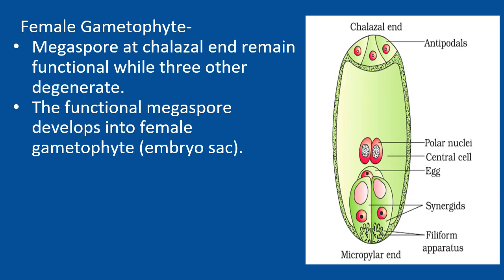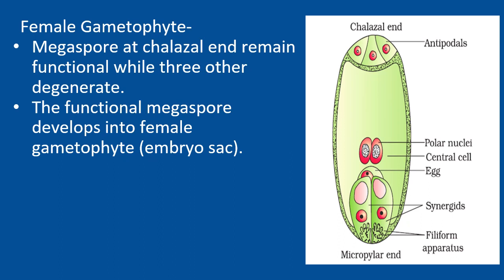Out of 4 megaspores, 1 megaspore, which is present at the chalazal end, remains functional, while the 3 others degenerate. The functional megaspore develops into the female gametophyte, also known as the embryo sac.